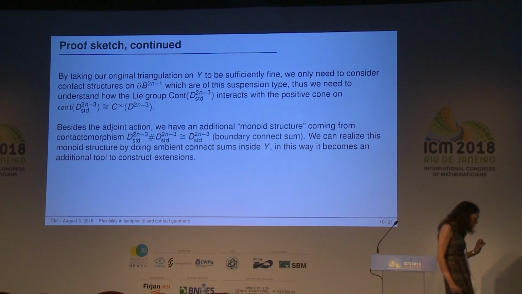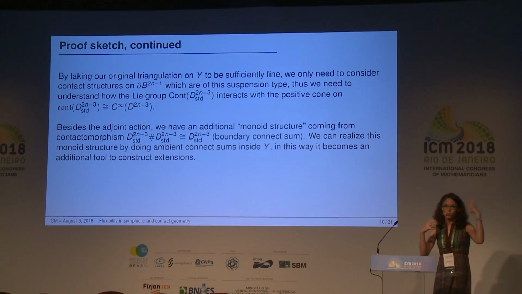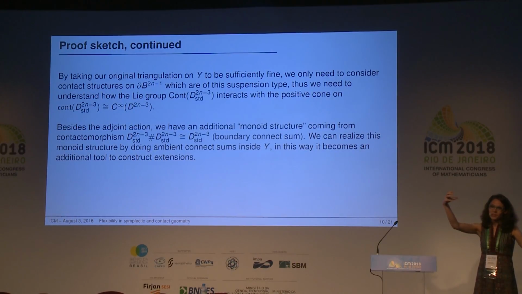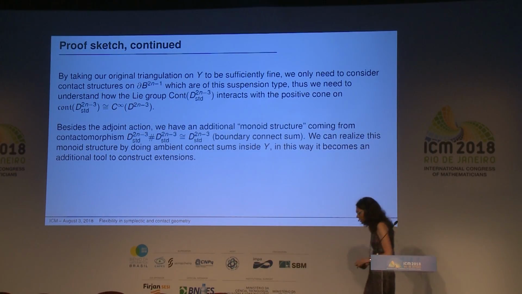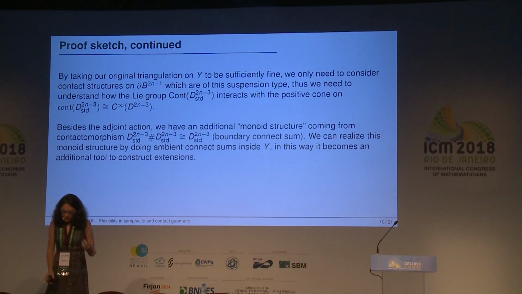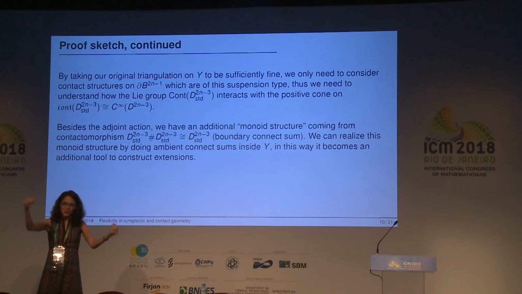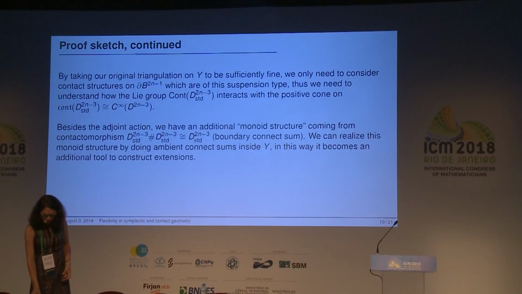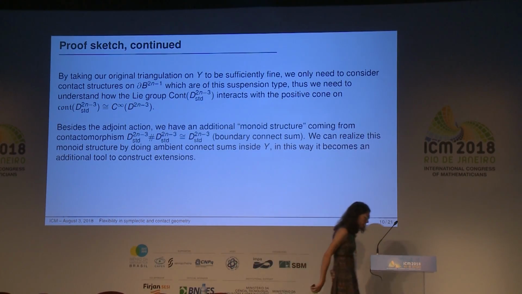And now there's one more ingredient, which is what genuinely makes this topology, I would say: if I take one copy of the contact ball and another copy, and I stick them together, that's still contactomorphic to a contact ball. So if I have a contactomorphism of this ball and a contactomorphism of this ball, then I can stick them together and I get a contactomorphism of the stuck together ball, which is the same ball once I choose a contactomorphism.